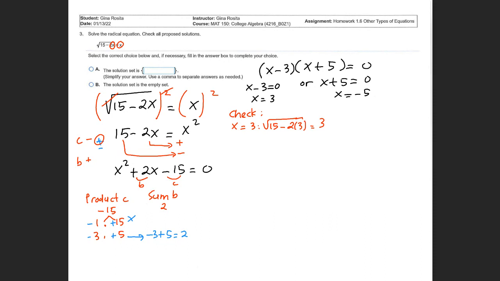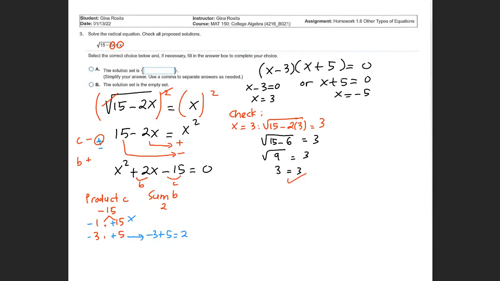So square root of 15 minus 2 times 3, which is 6, equals 3. Check again. 15 minus 6 is 9. Square root of 9 equals 3. For this one, just take the positive one. So 3 equals 3. Is it right or not? Yes. Check.